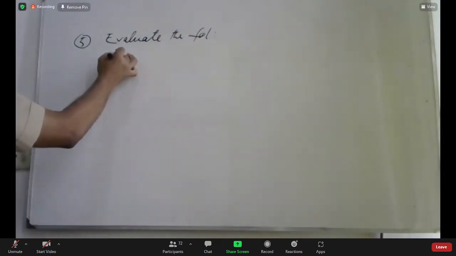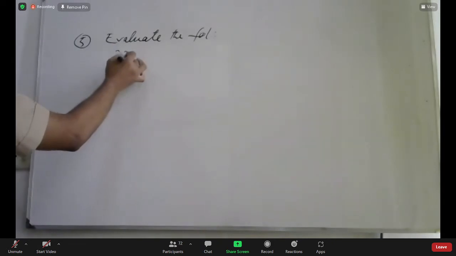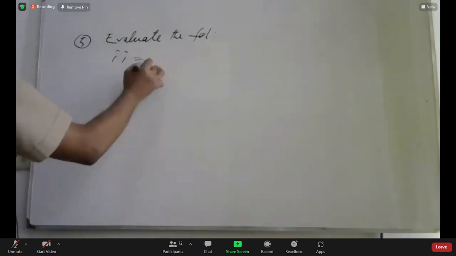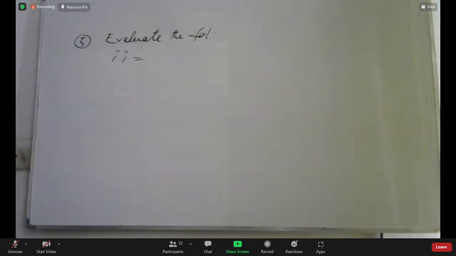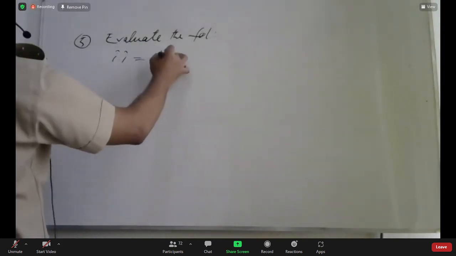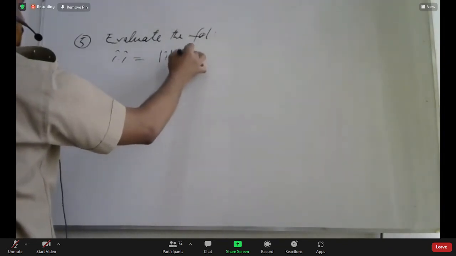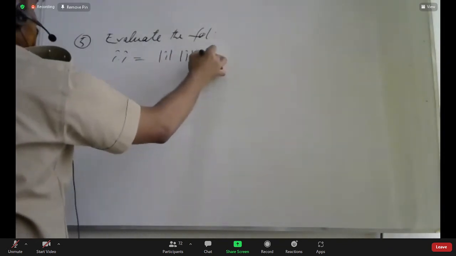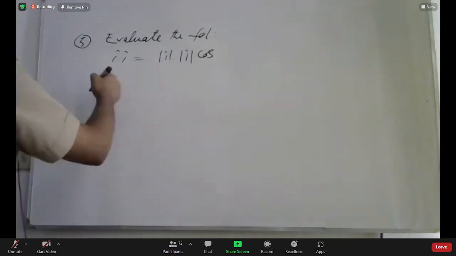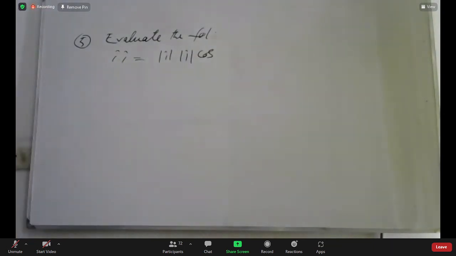I dot I is equal to what? কিভাবে করব? I dot I, এটাকে যদি আমরা ডট প্রোডাক্ট করি, ম্যাগনিটিউড অফ I into ম্যাগনিটিউড অফ I into cos, and vector I and vector I are in the same line, so the angle between them is what?